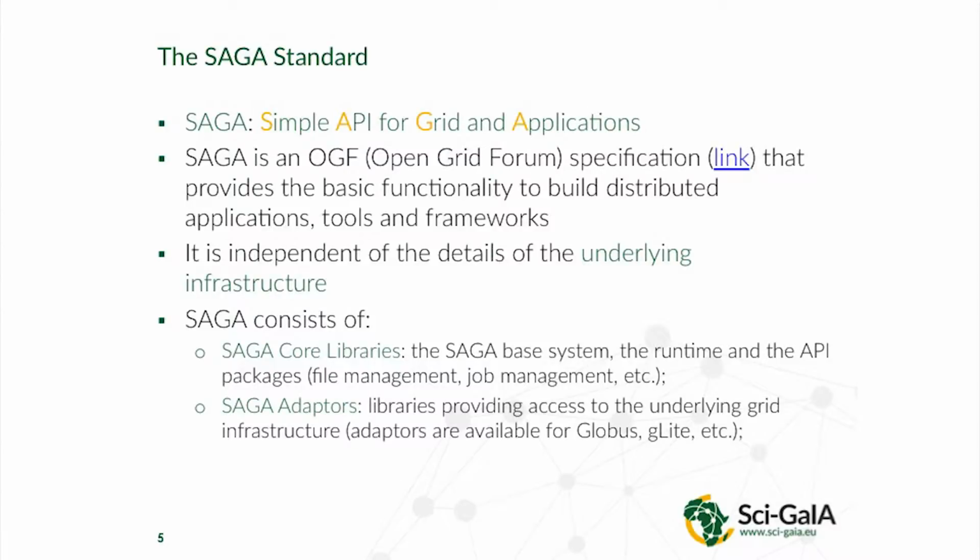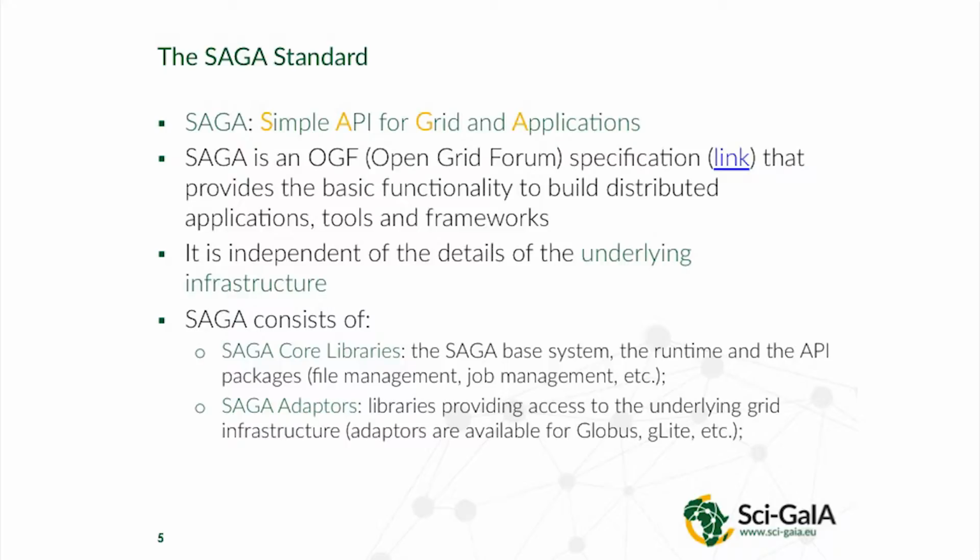The SAGA standard. SAGA is the acronym of Simple API for Grid Applications. SAGA is an Open Grid Forum specification, and it provides the basic functionality to develop applications, tools, and frameworks that exploit distributed computing infrastructures.